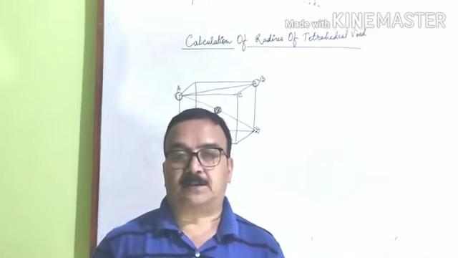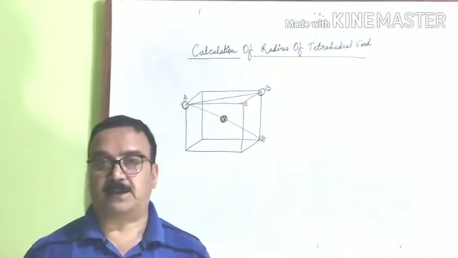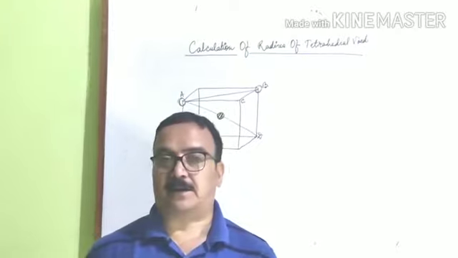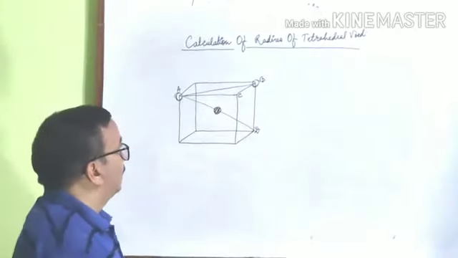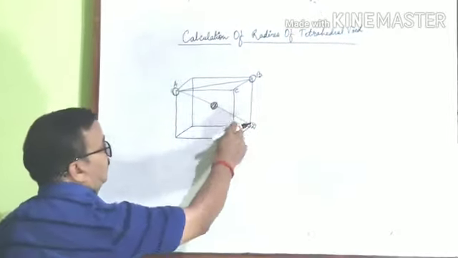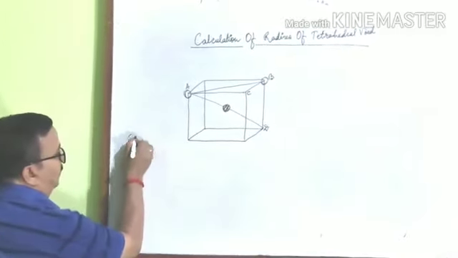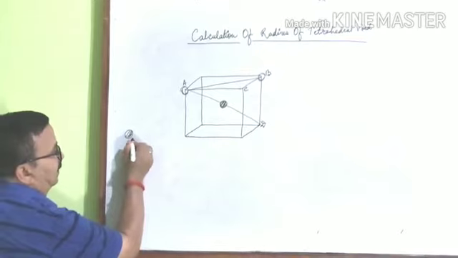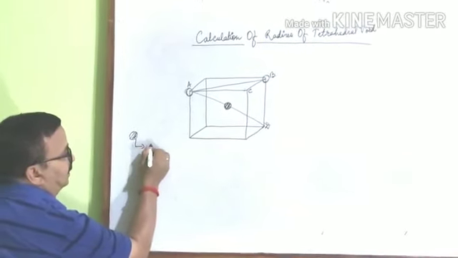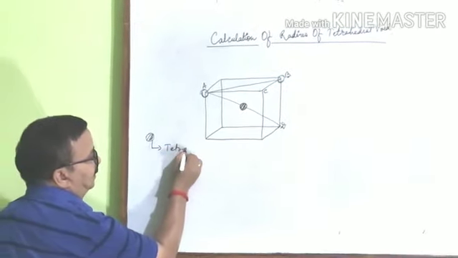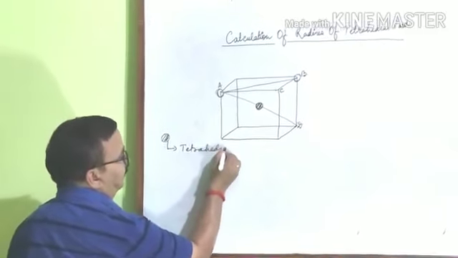Today's topic is calculation of radius of a tetrahedral void. This is a unit cell, and this one, the shaded sphere, is a tetrahedral void.